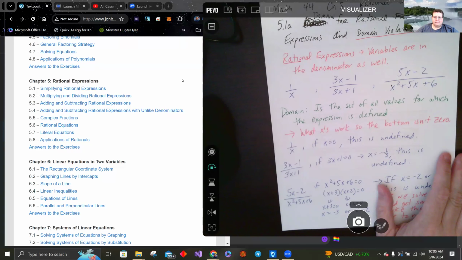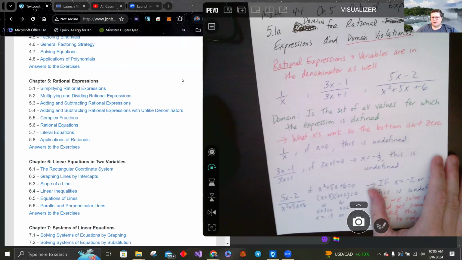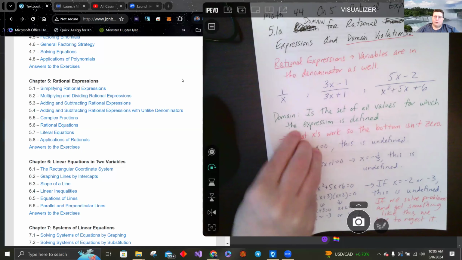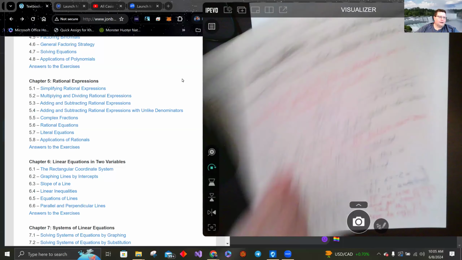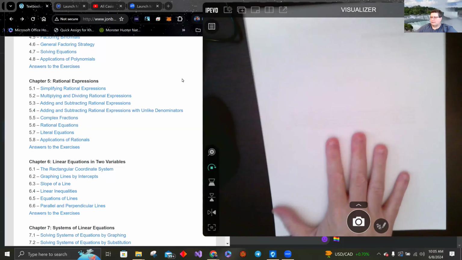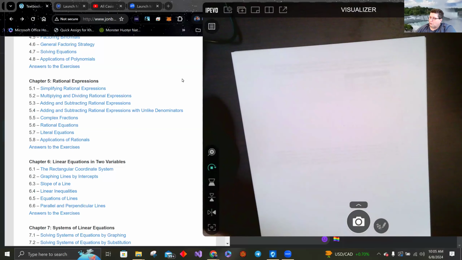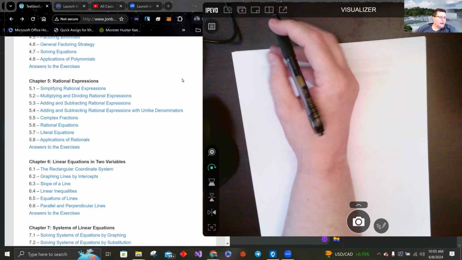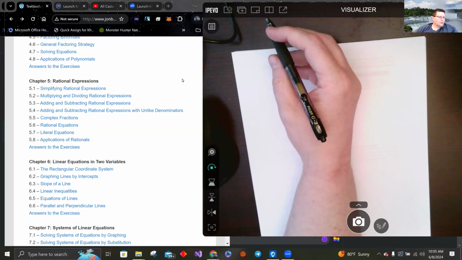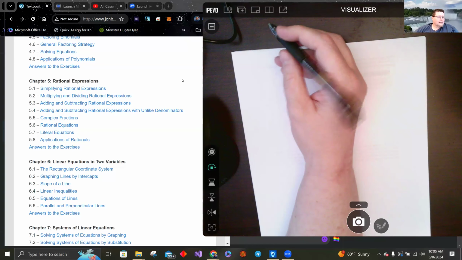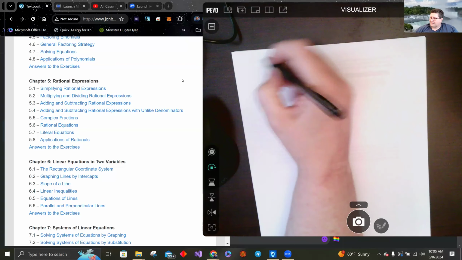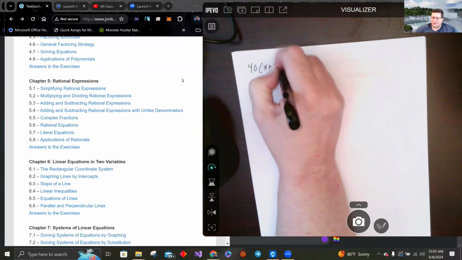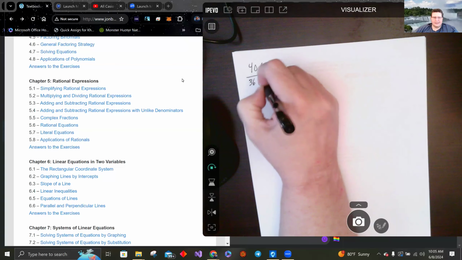That's a quick description of domain. And let me put up a couple functions and let you figure out what the domain has to be, or what the domain can include. In fact, we're going to simplify these in a little while. 40 times x plus 7 over 36 times x plus 7.